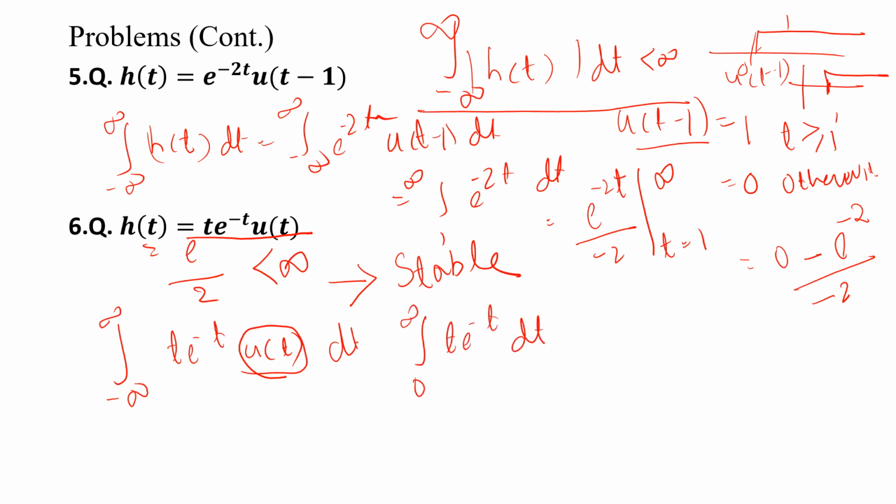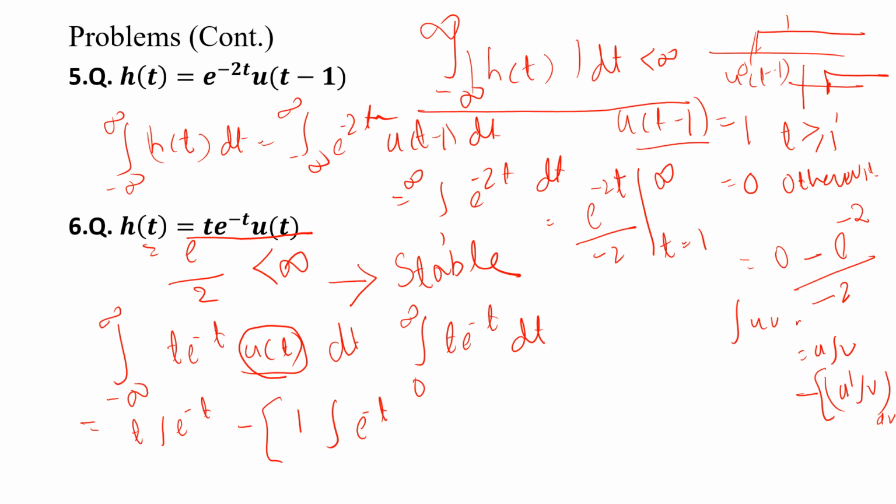You know the uv rule: integration of uv is u times integration of v, minus integration of the derivative of u times the integration of v. So here, t times the integration of e to the minus t, minus the integration of d by dt of t, which is 1, times the integration of e to the minus t dt.